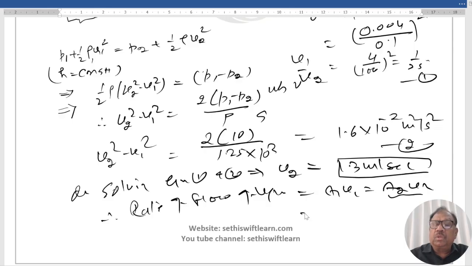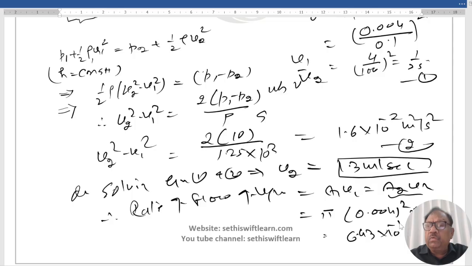We are using this case. So pi into 0.004 whole square into 1.3 meter. On simplification, this comes out to be 6.43 into 10 to the power minus 4 meter cube per second.